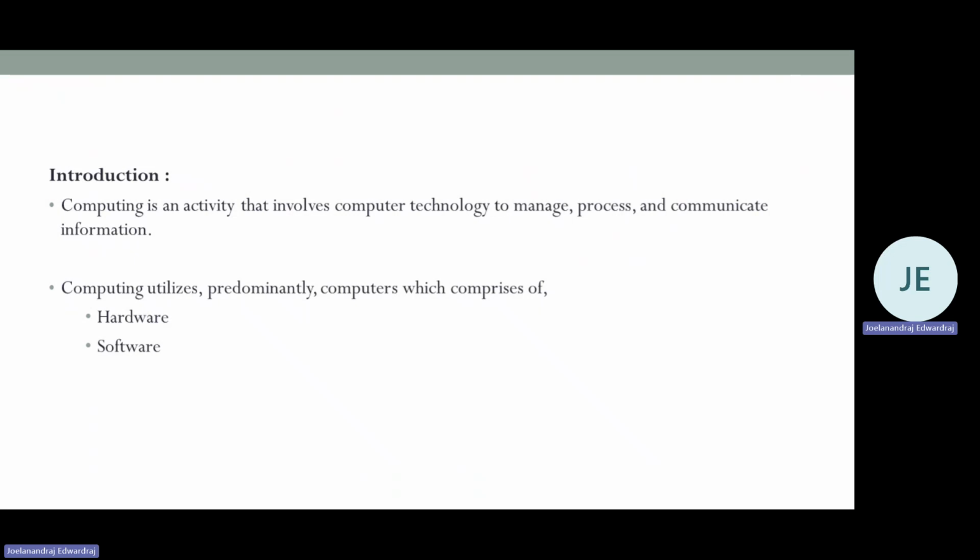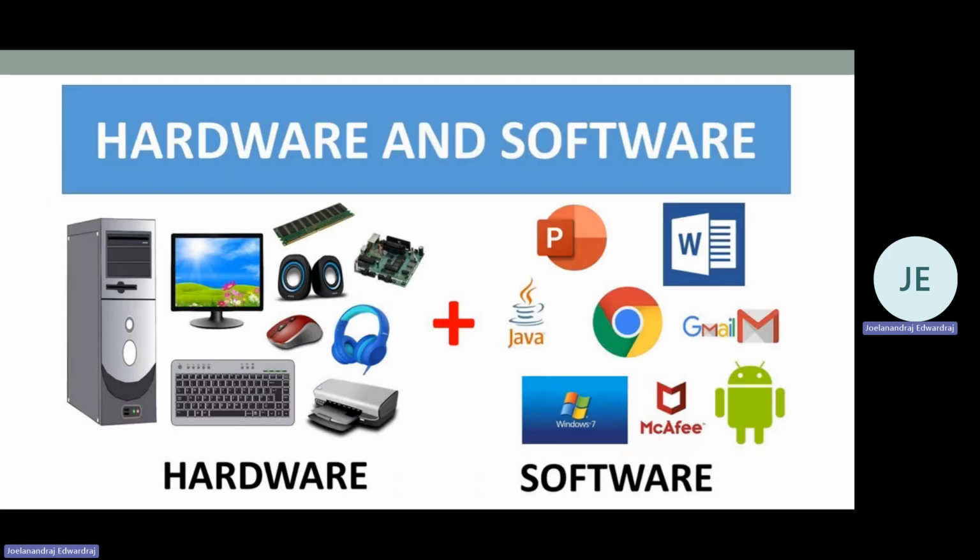All these things are fundamentally called computing. Computing uses two things: one is hardware, the other is software. All the computer components that we touch and feel we call hardware. Software we can't touch and feel, but we can sense it.